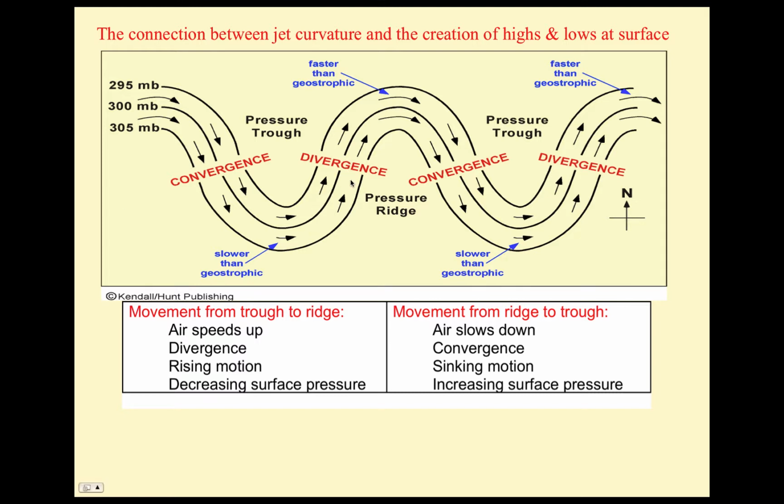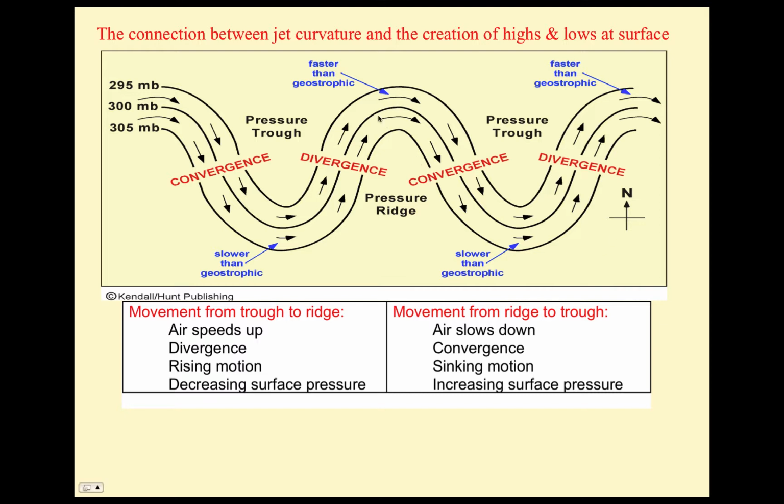This means that the molecules are literally spreading out here, or diverging, and that lowers the pressure underneath there at the surface, because if you remove molecules from an atmospheric column, there's less mass above you, there's less weight above you, and that defines your surface pressure. Less weight above you, less molecules, means surface pressure is decreasing under areas of upper level divergence.